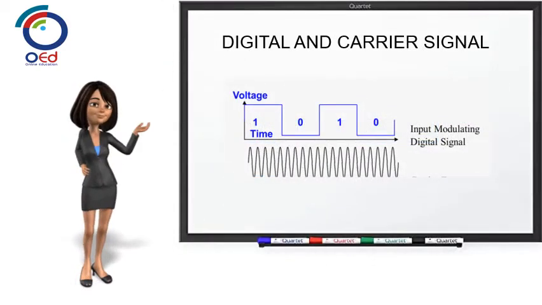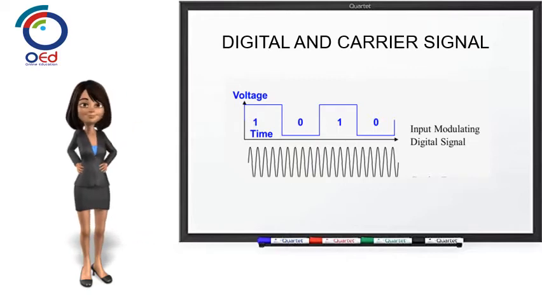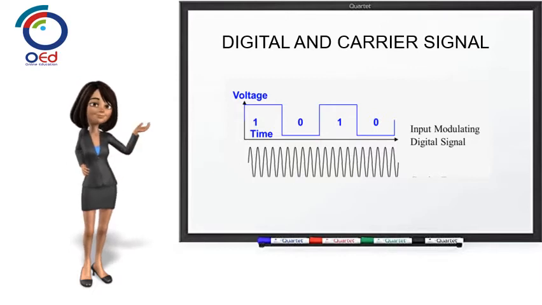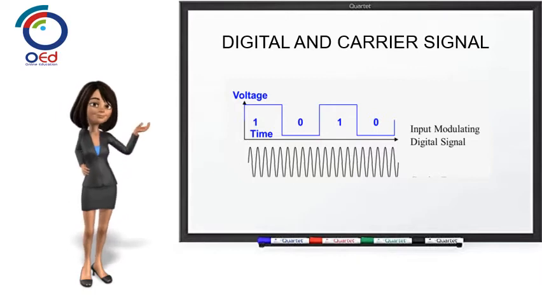Here, let's discuss the digital signal. What is a digital signal? A digital signal is a signal that represents data as a sequence of discrete values. As you can see here, binary 1 is higher and binary 0 is lower.